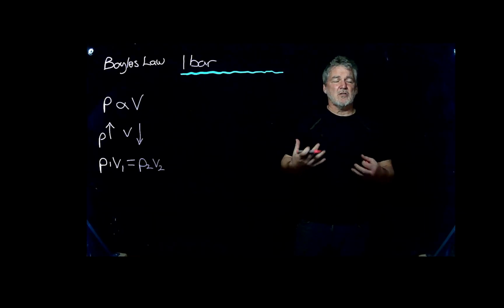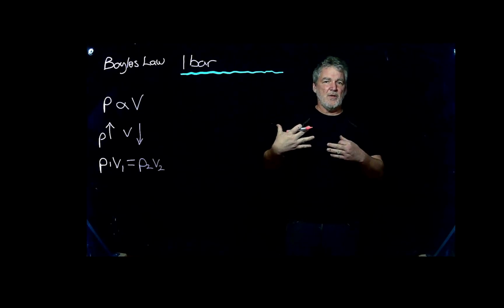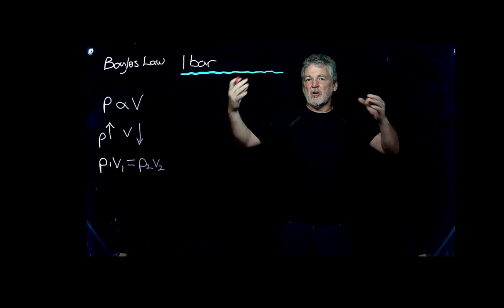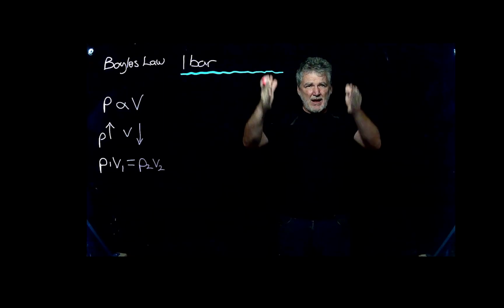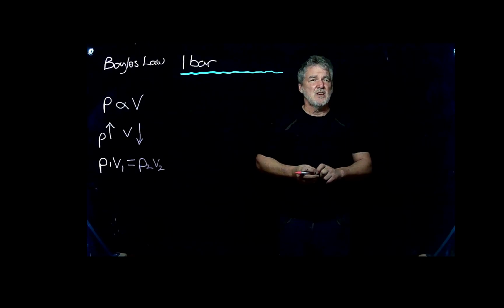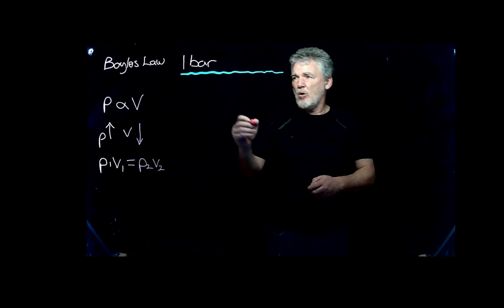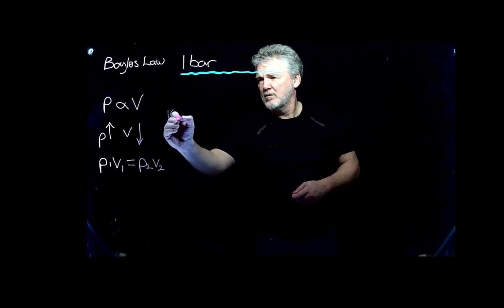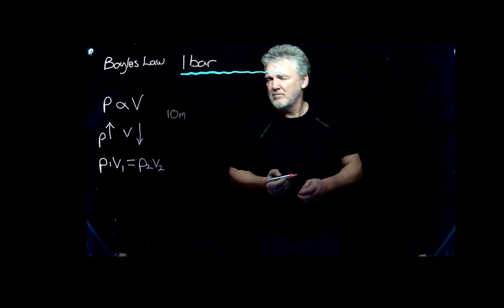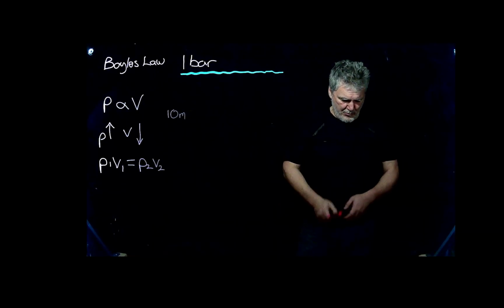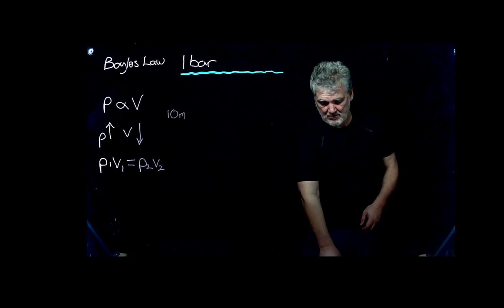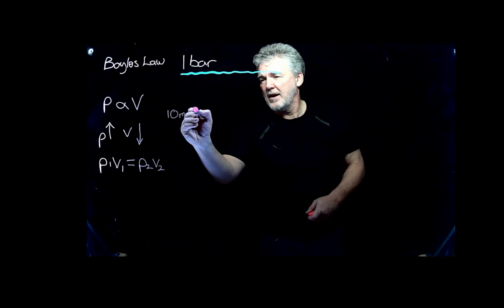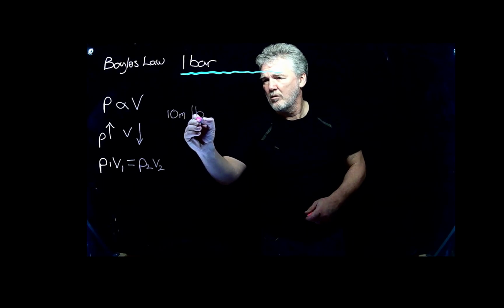That pressure is the weight of all the air that is in the atmosphere above us, and the weight of that, when it gets down to the surface, is approximately 1 bar in pressure. When we go underwater, and if we were to go down to 10 meters underwater, the pressure would increase by an additional 1 bar.